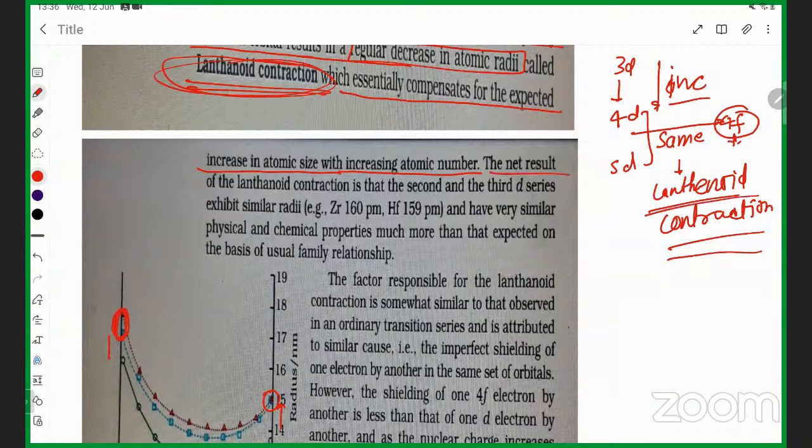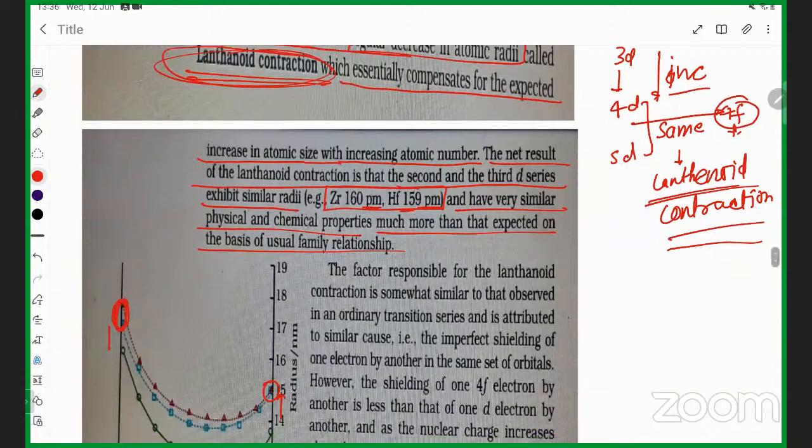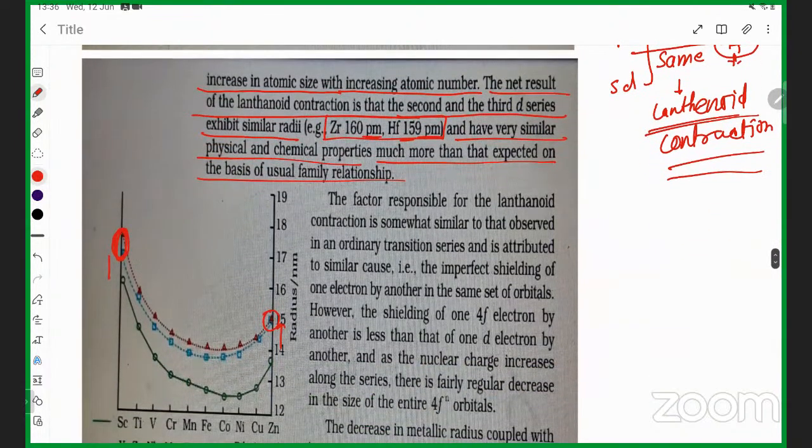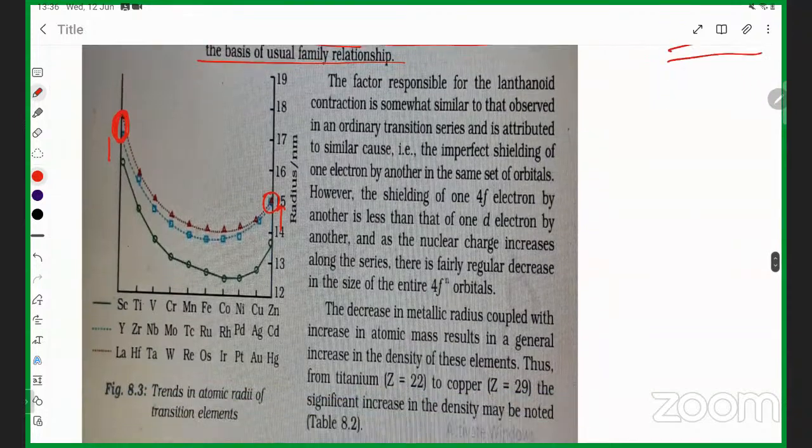The net result of the lanthanoid contraction is that the second and third d series exhibit similar radii. For example, zirconium, which belongs to the 4d series, and hafnium, which belongs to the 5d series, have very similar physical and chemical properties and the same radii in picometers, much more than expected on the usual basis. The reason is the lanthanoid contraction.